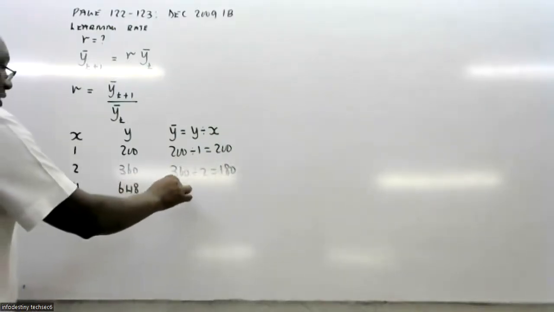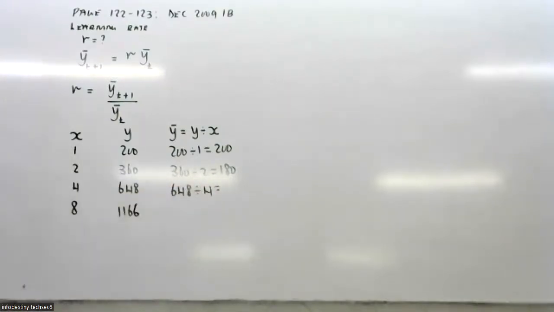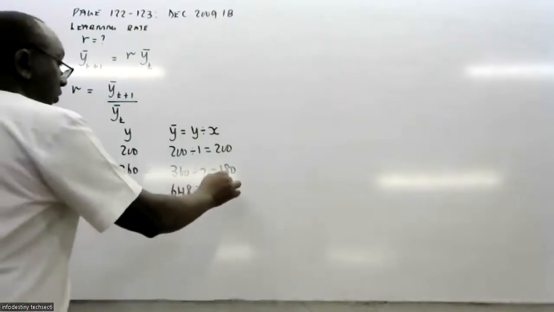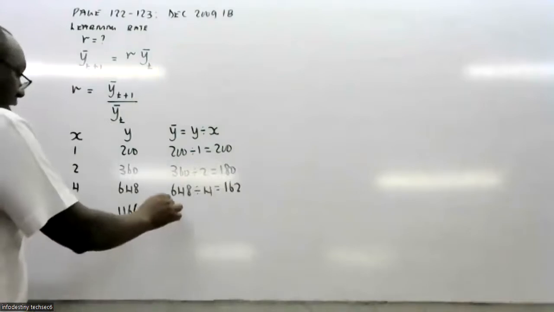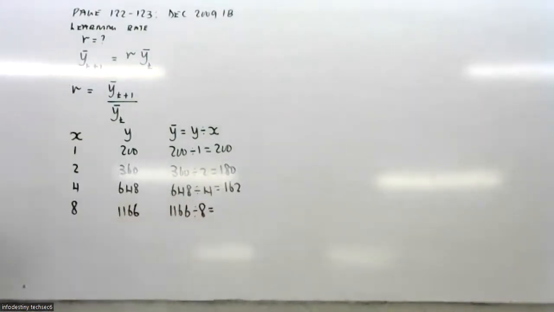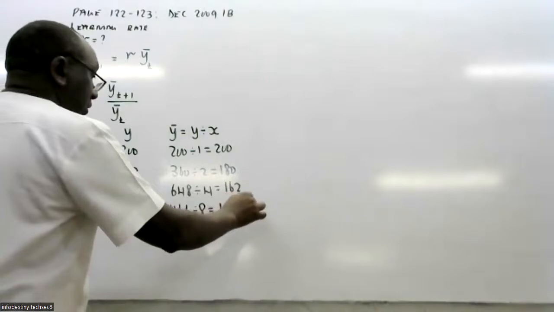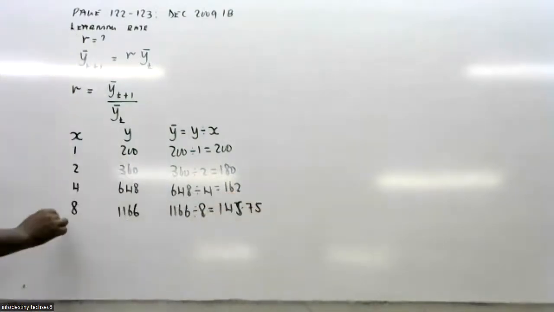Then 648, you divide by 4, that gives 162. And then 1166, you divide by 8, that gives 145.75.